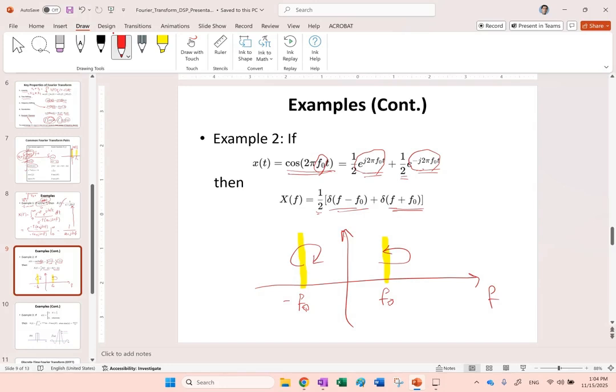And you might say, what about the sine? Is the sine going to be similar? Sure. So if your function x of t is sine of 2 pi f naught times t, based on the same thing, this is going to be 1 over 2j, correct? And then e to the j 2 pi f naught t, and then minus e to the negative j 2 pi f naught t.